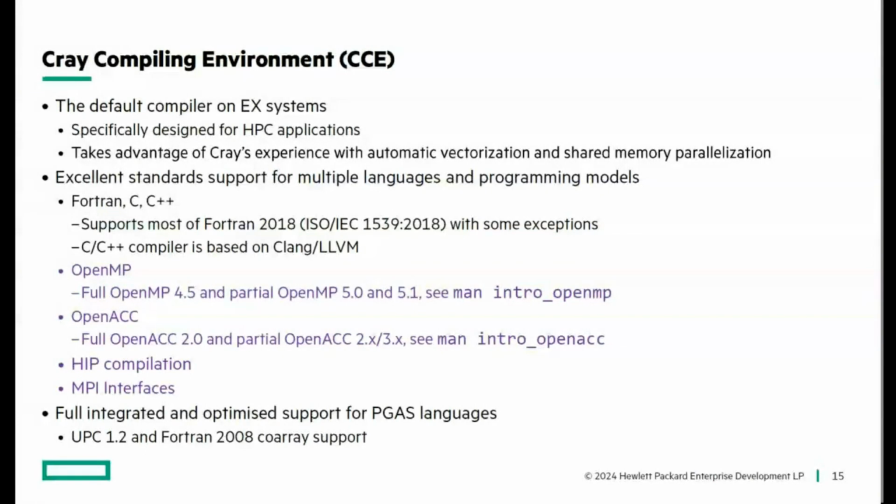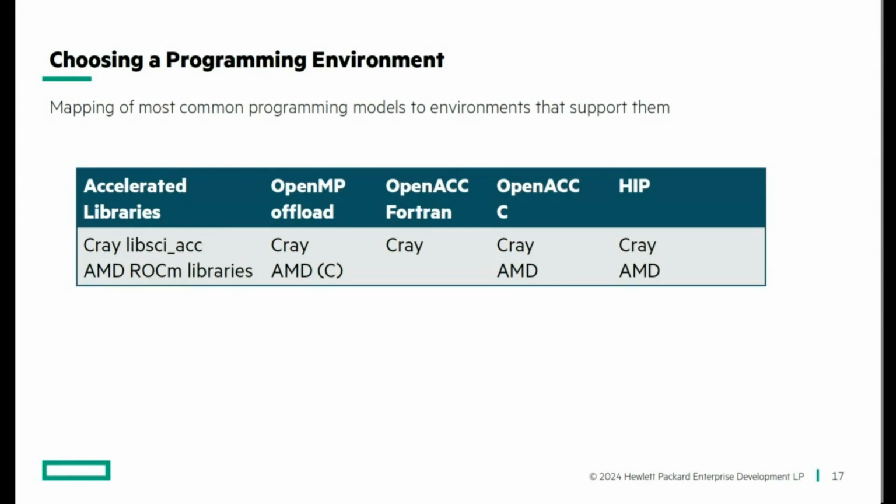So you can use the CCE compiler to do OpenMP device offload, OpenACC for Fortran, and HIP compilation, and it interfaces to an MPI that's GPU aware. So that traditional environment you're used to goes across onto the GPUs. From the other environment you're used to, the new thing you'll see is a ProgEnv environment for the AMD GPUs. This is an interface between the rest of the programming environment stack and the ROCm AMD compilers.